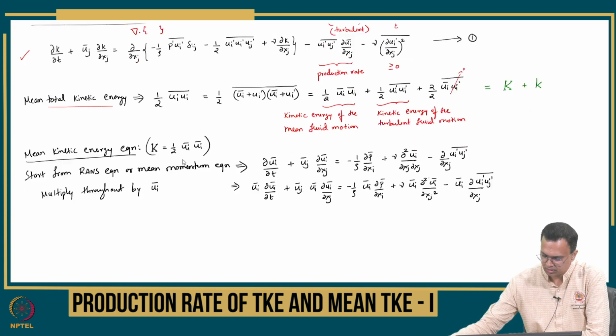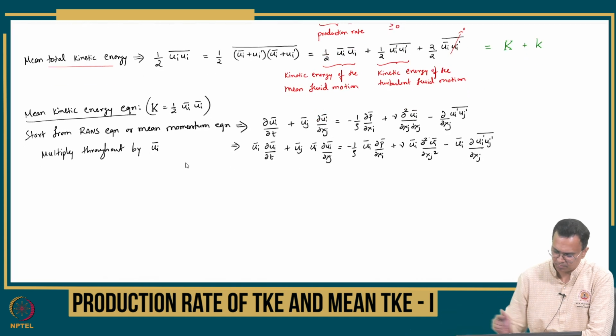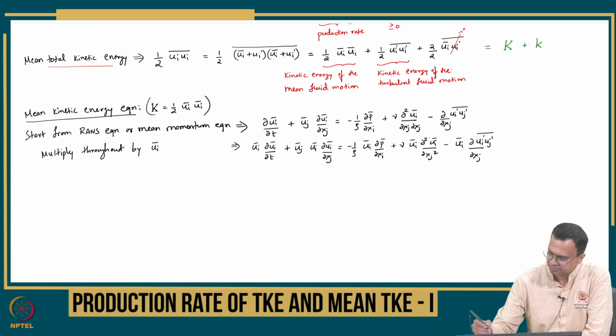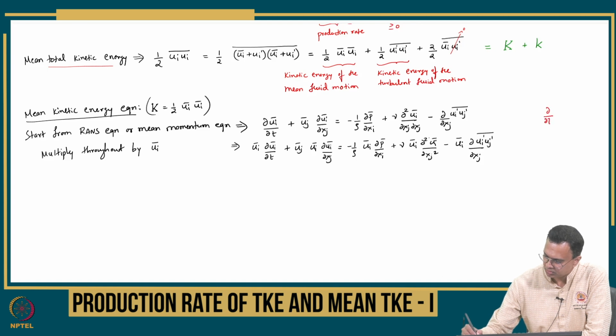Now if I look at each of these terms, for example, if I just take dou by dou t of ui bar squared, I can use the chain rule for products, and essentially it will be the sum of two different terms.